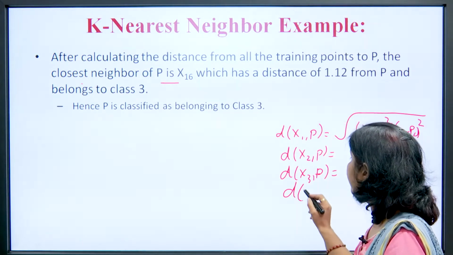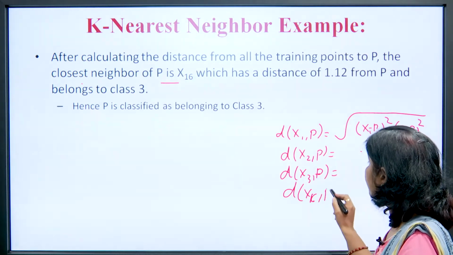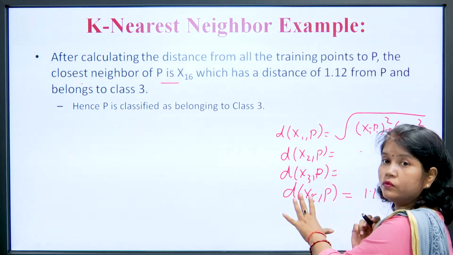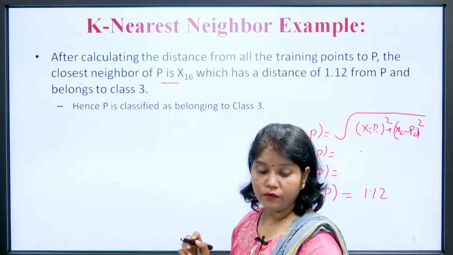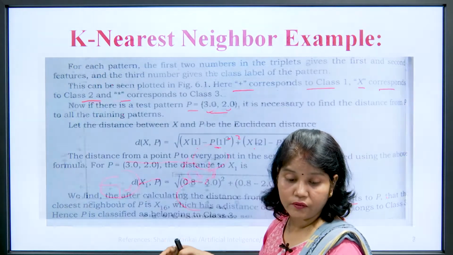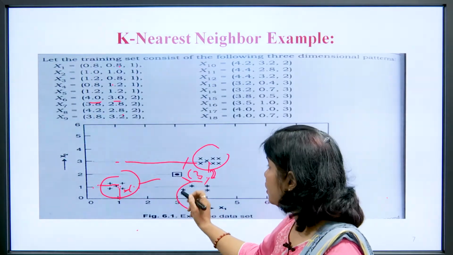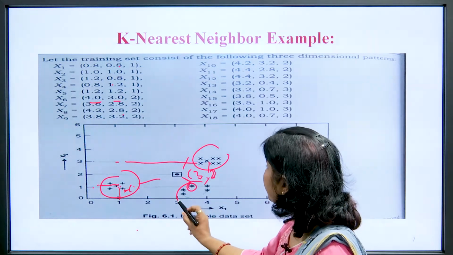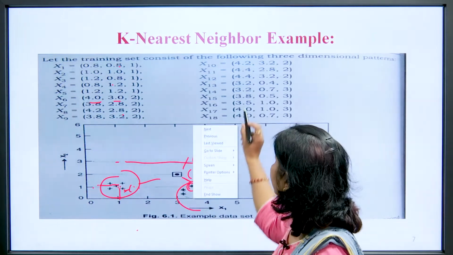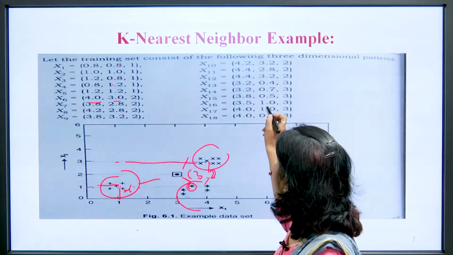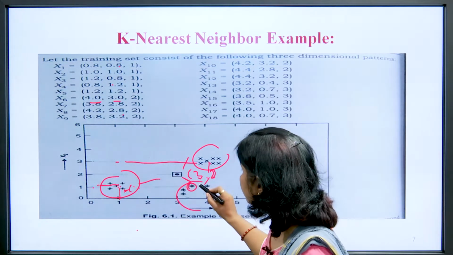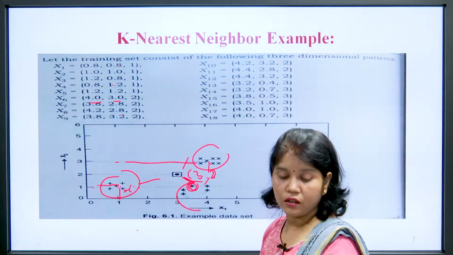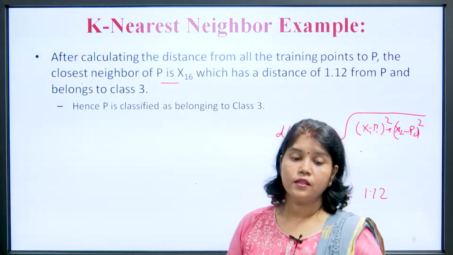When you find dx16 from the given point P, the output will be 1.12, and that is the closest neighbor of the given data point. x16 is 3.5 and 1.0. So you can see by yourself that this training data point is the nearest. So, this is the nearest neighbor point.